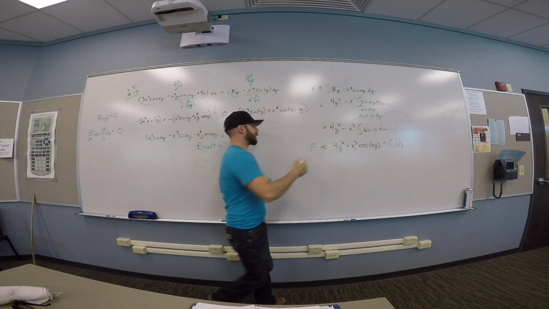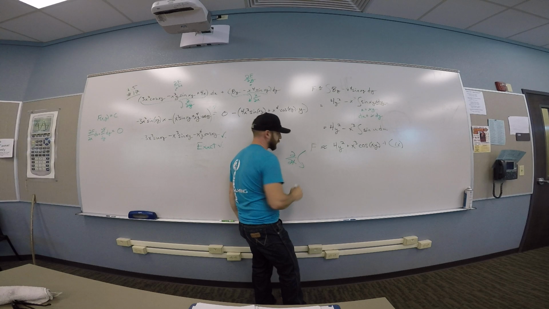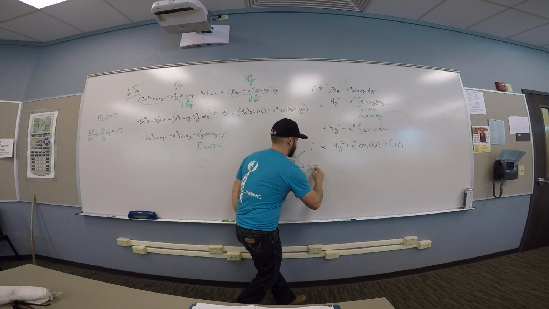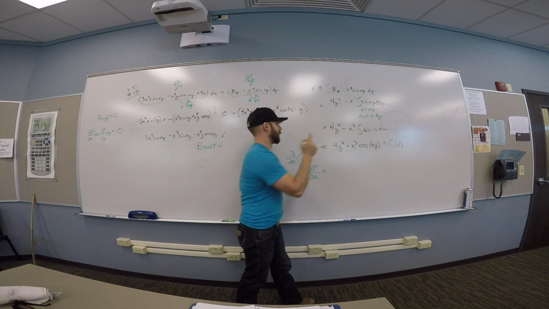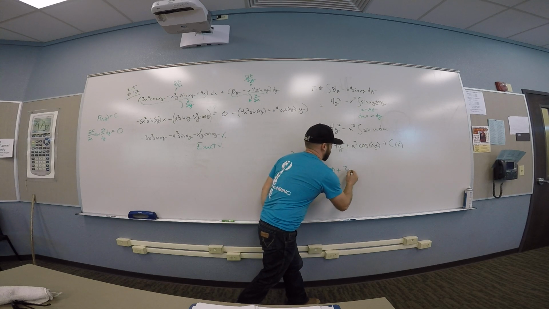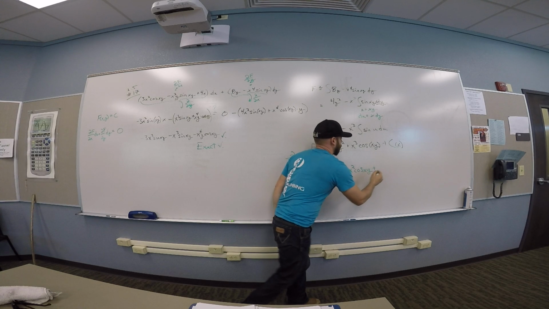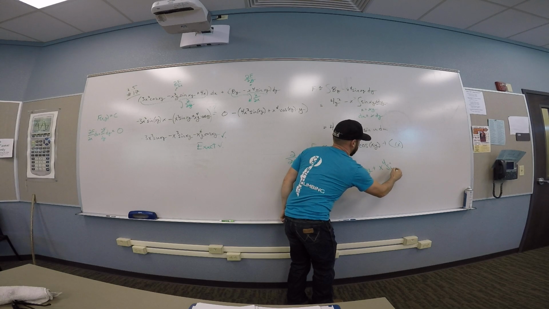And then I calculate a partial with respect to x of this thing, and I get that f's x partial is 0 plus 3x squared cosine of xy plus x to the fourth. That should be negative. Yeah.